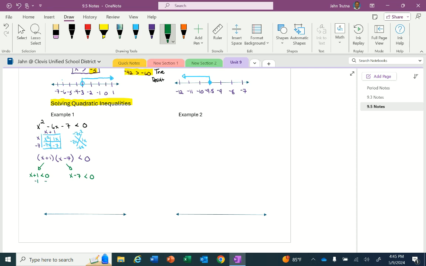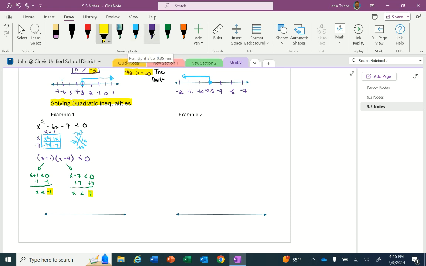When I subtract 1 from both sides to solve x plus 1 is less than 0, I get x is less than negative 1. Okay? Then when I solve x minus 7 is less than 0, I add 7 to both sides. That gives me x is less than 7. So what this tells me is that I have two solution numbers, negative 1 and positive 7.